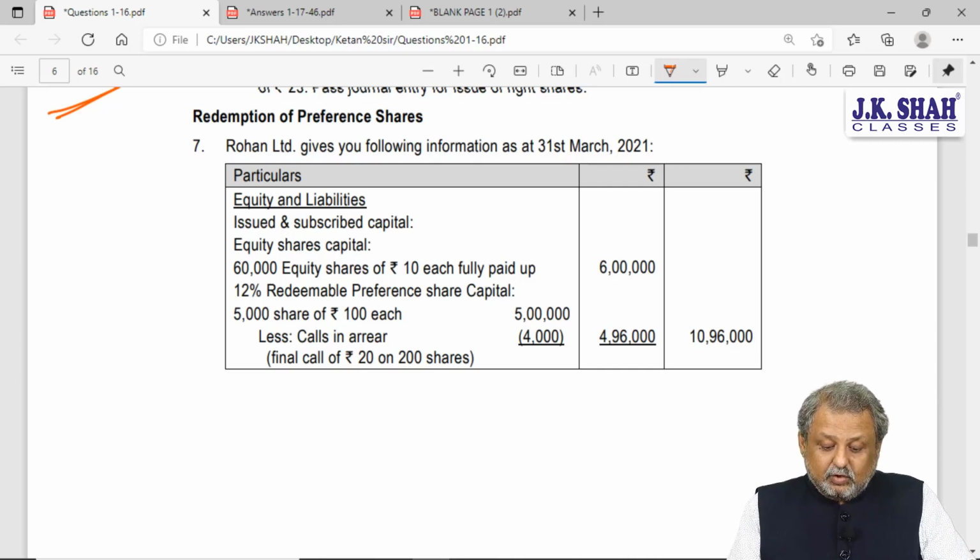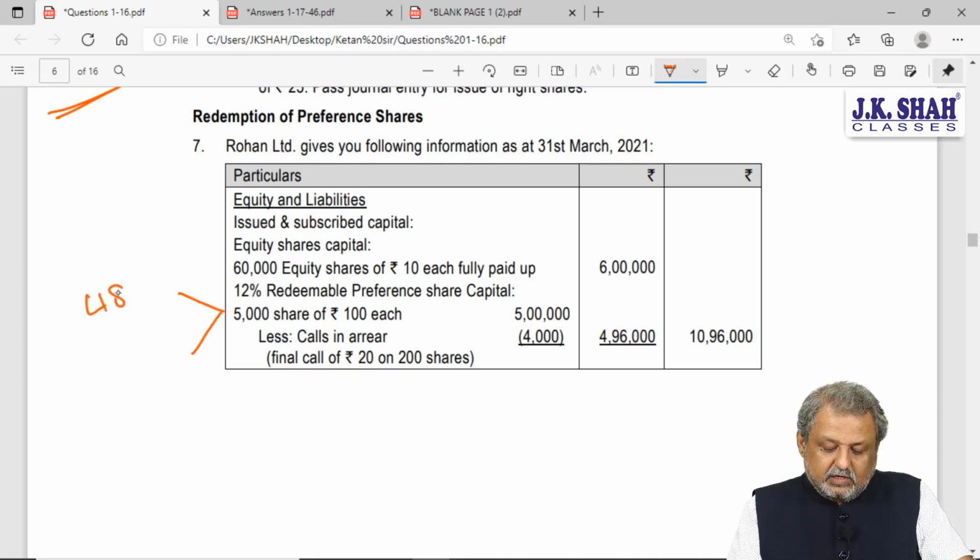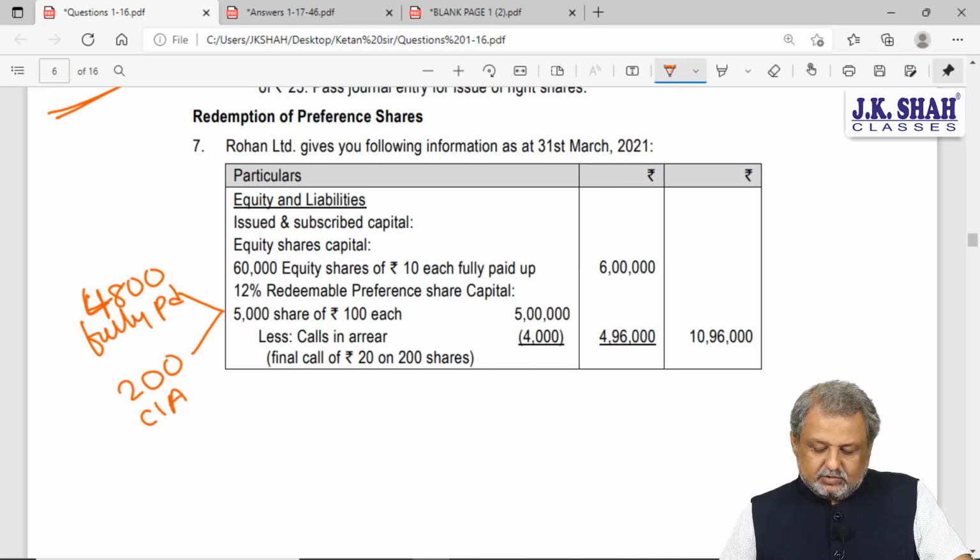Okay, so out of this 5,000 shares, 4,800 shares are fully paid and on 200 shares there is calls in arrears. So there is a problem on that.